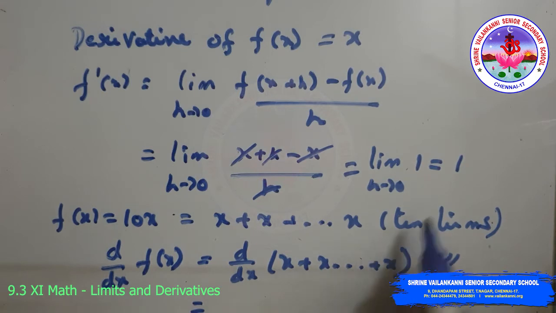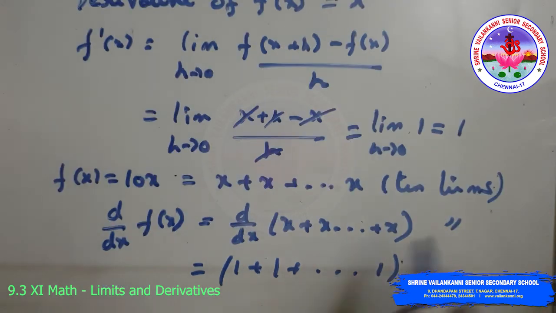So d by dx of x is 1. So 1 plus 1 plus 1 till 10 terms. So we have 10. So d by dx of f of x is equal to 10. Differentiating f of x, we get 10.